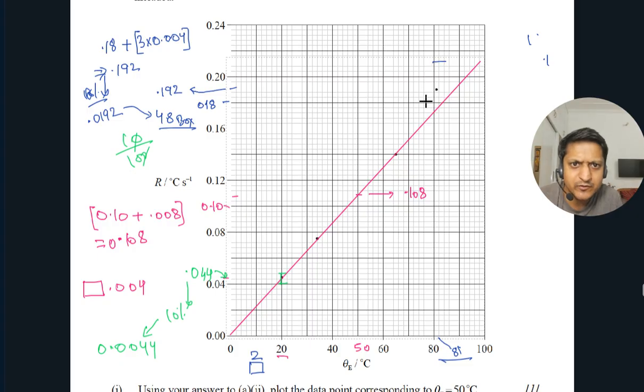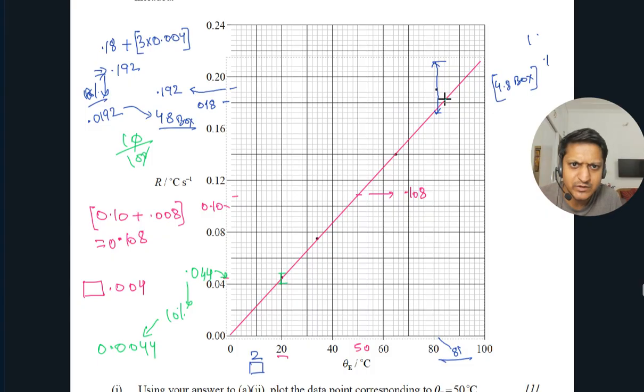So here also 4.8, because like 1, 2, 1, 2, 3, 4, up to this, like this. So we have to come to 4.8 boxes.